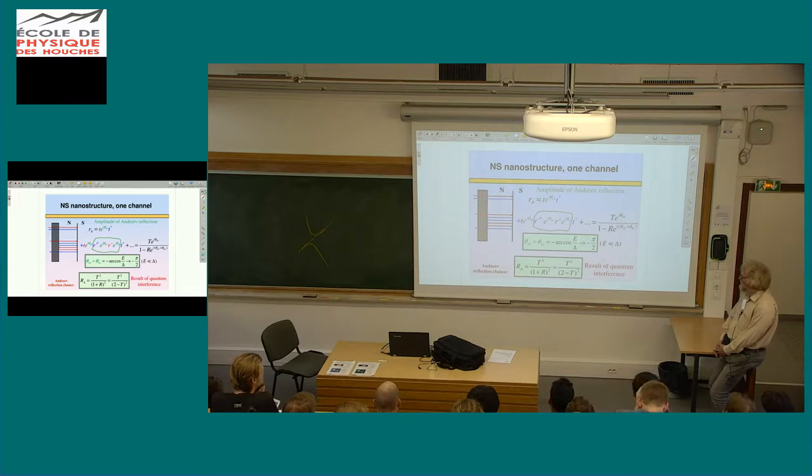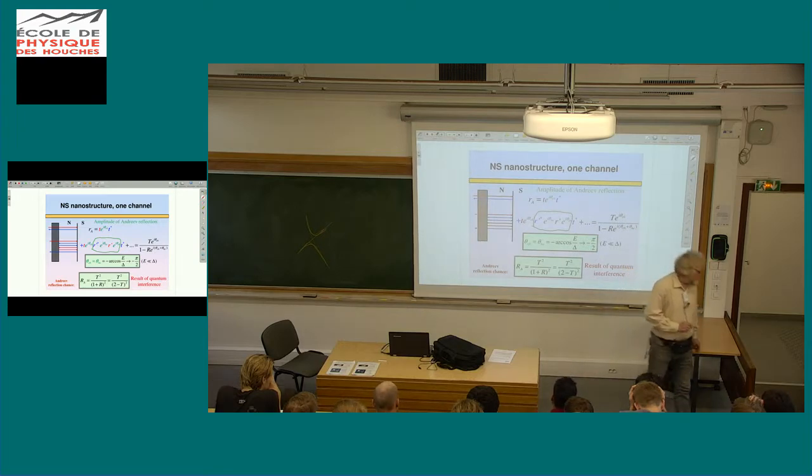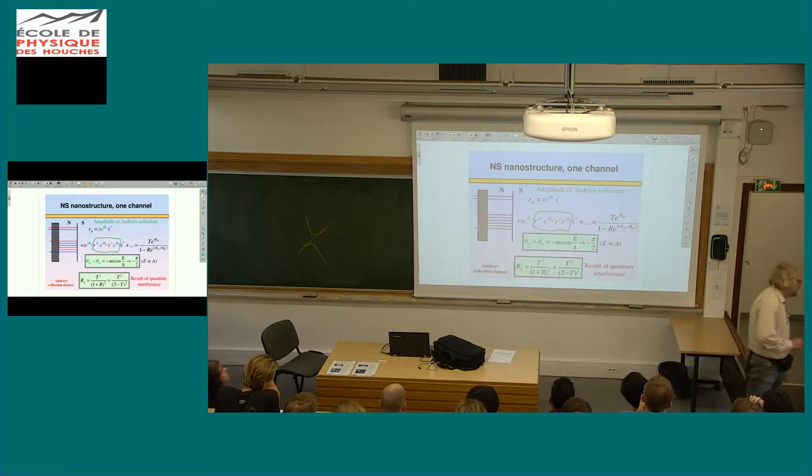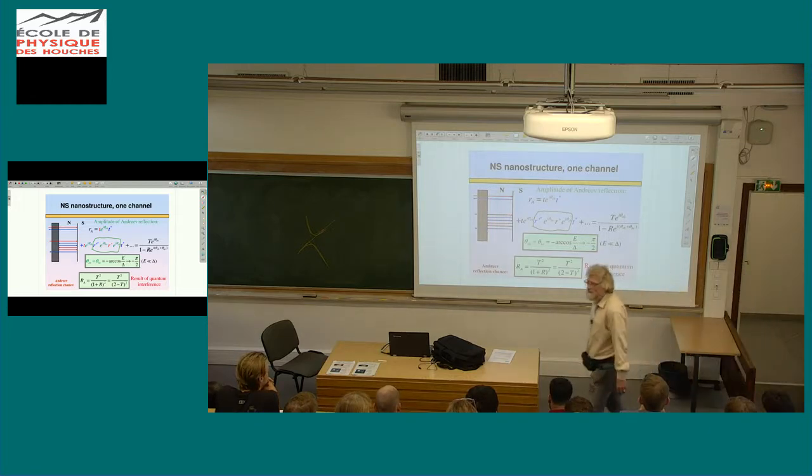Small energy, the electron enters the transmission channel. What is the chance of Andreev reflection? It is directly expressed in terms of the transmission coefficient. Yet another universality from quantum transport. Again, as I said, it's not important that anything consists of atoms.